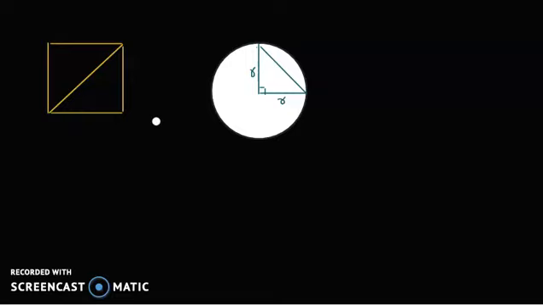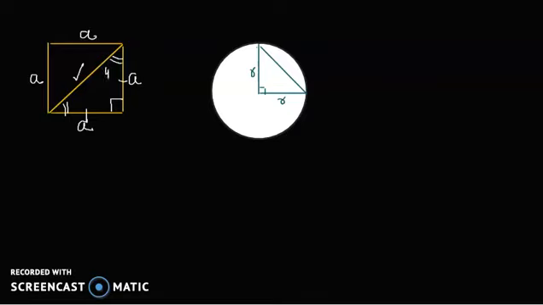So if this is the situation given, and if this is A, as we know each side of a square is equal, so this will be A, this will be A, and accordingly this and this also will be A. Then you can say this is a square, this is 90 degrees, and this angle is equal to this angle because these two sides are equal.